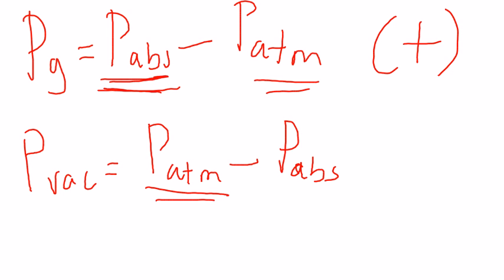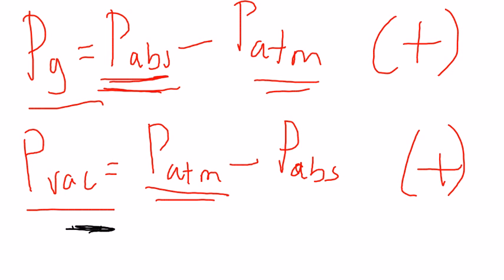Because the atmospheric pressure is higher, this will also be a positive number. We use gauge pressures because they are easy to measure. It's easier to measure things with a reference point such as the atmosphere, and that's why car tires are measured in gauge pressures.